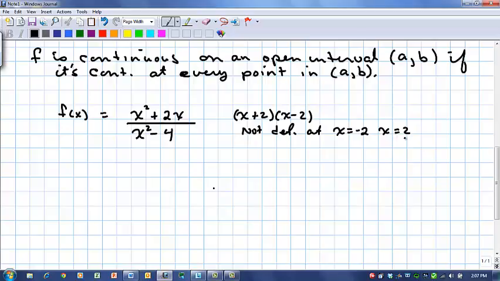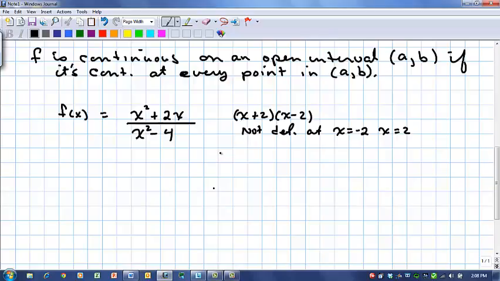Therefore, this function cannot be continuous at these two values. However, the function is continuous everywhere else because it's a rational function.